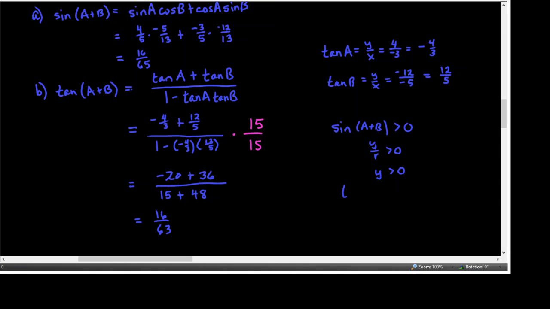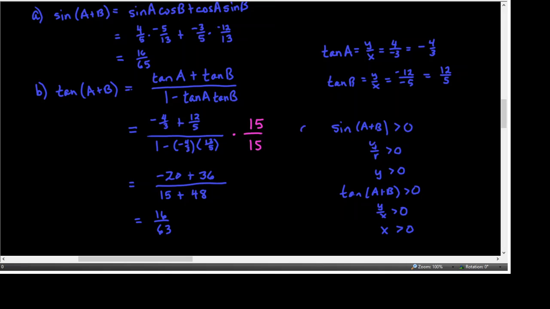The tangent of a plus b, we just found, was also positive. And since tangent is y over x, and we already know that y is positive, what would I divide a positive by to get a positive answer? Well, that means x has to be positive as well.